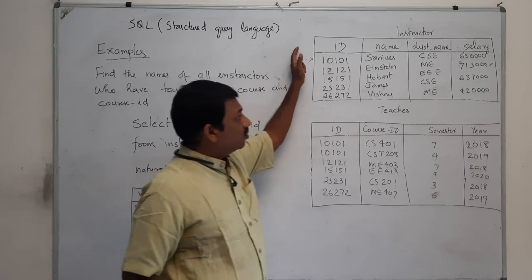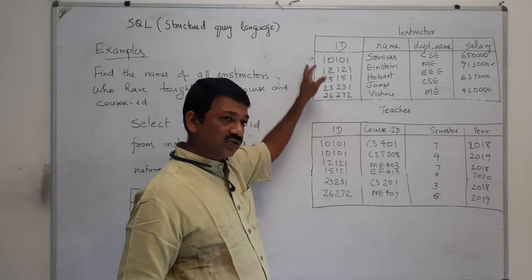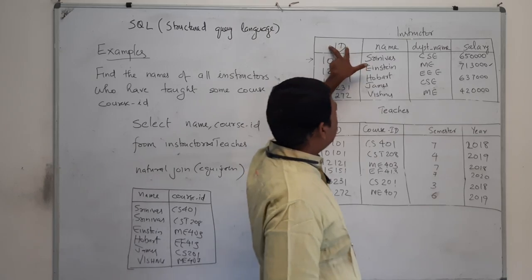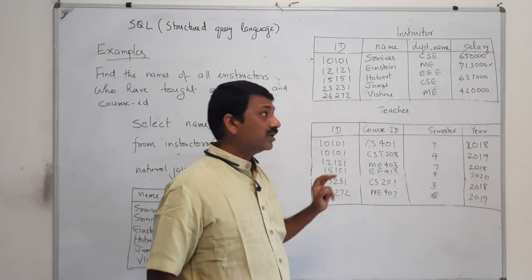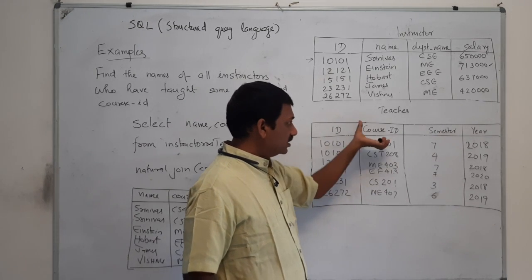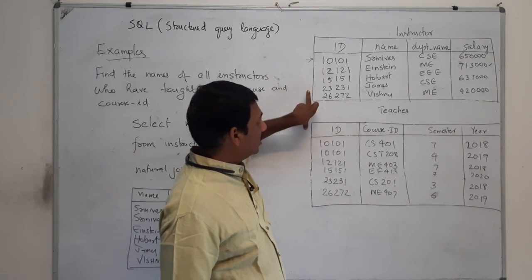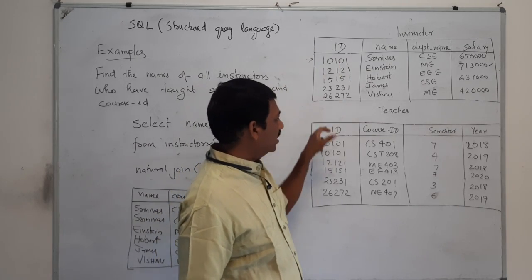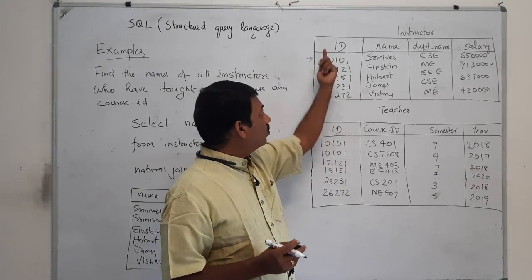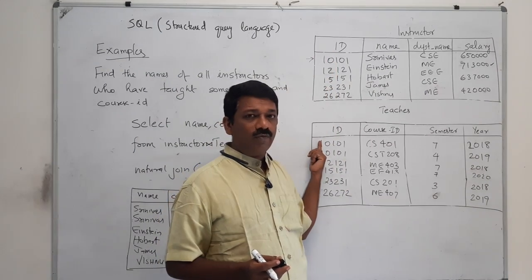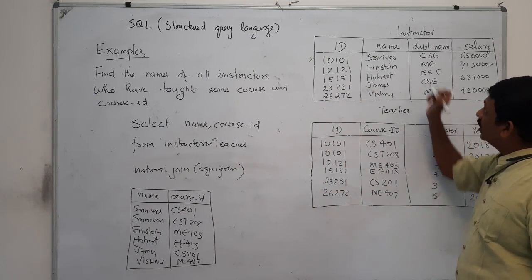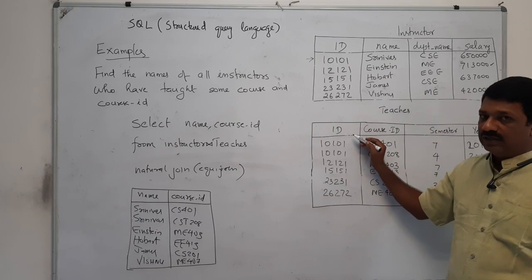First of all you are going to have a cross multiplication. Here ID, name, department name and salary are the attributes of instructor, and ID, course ID, semester and year are the attributes of teachers. We have only one common attribute, ID. In the cross product we have a total of 4 plus 4, 8 attributes, so instructor.id and teachers.id will both be there.